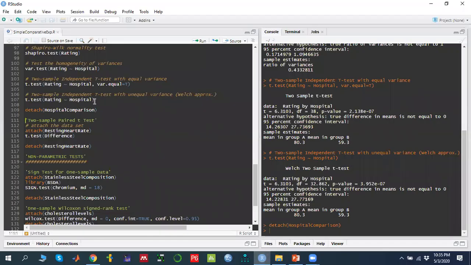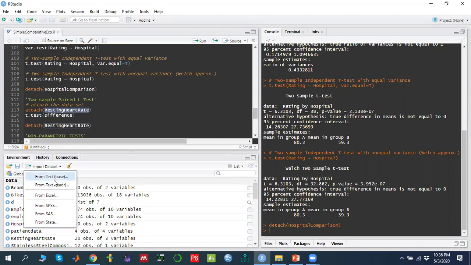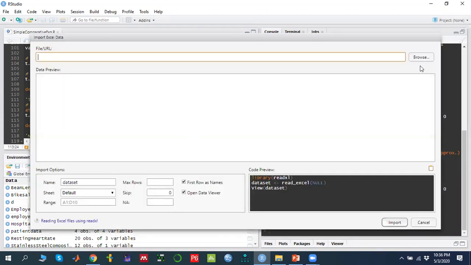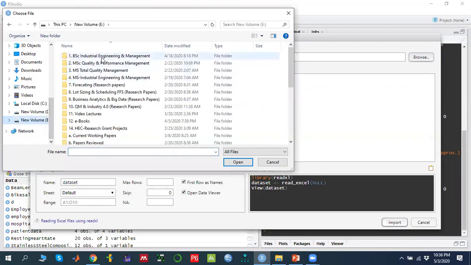Okay, so in order to do that, first of all, I need to import the data set of resting heart rate, which I have in Excel format. Okay, I can go there.